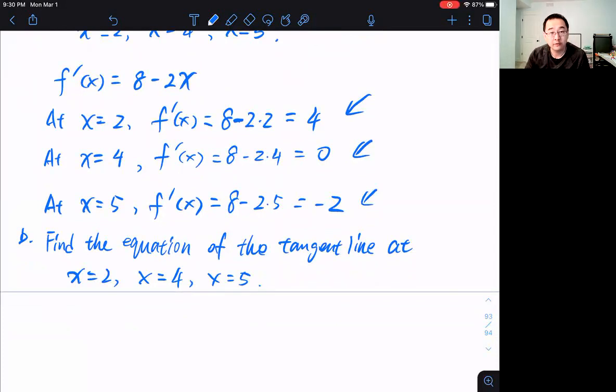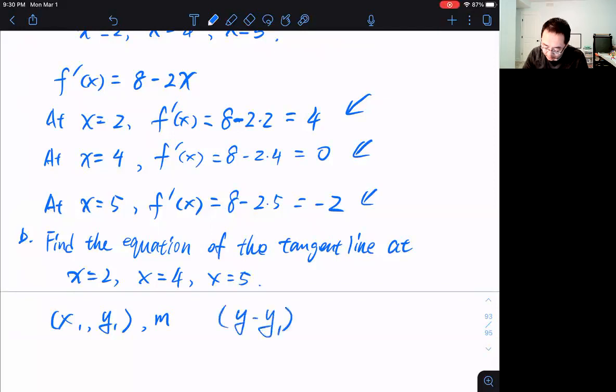One of the forms of equations we know is this: if a line goes through a specific point x1, y1, and you know the slope is m, then the equation for that line can be written as y minus y1 equals m times x minus x1.